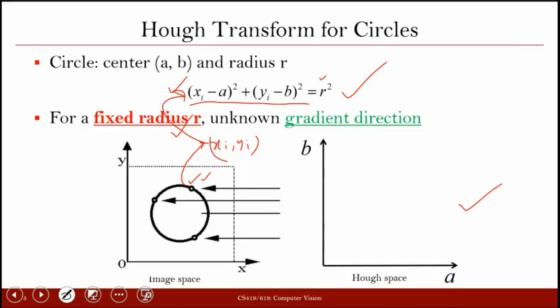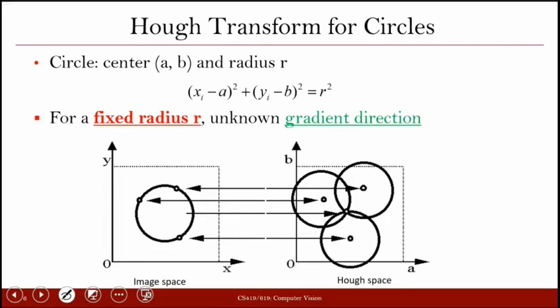If you analyze this equation, considering that xi and yi are fixed and A and B are the variables, this is the same as saying that you have a circle where the center is xi, yi, and the two variables with the help of which you are plotting the circle are A and B. So basically, corresponding to this particular point, in the Hough space you will again get a circle.